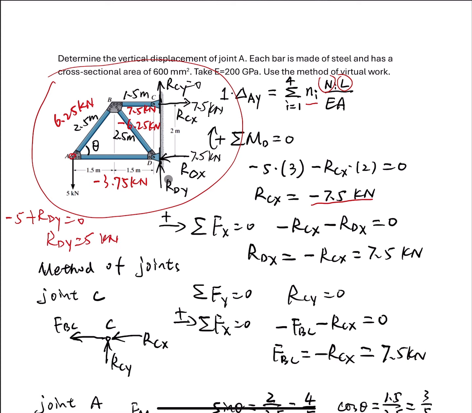So RDY here is equal to 5 kilonewton. Let's put 5 kilonewton over here. In our example of the method of virtual work, we probably don't use these reaction forces, but I just want to show you how to get all the unknown forces in these structures.